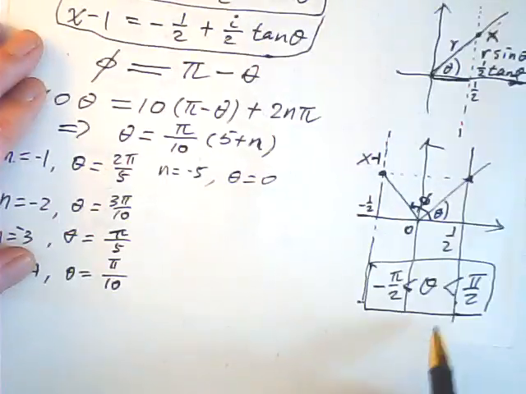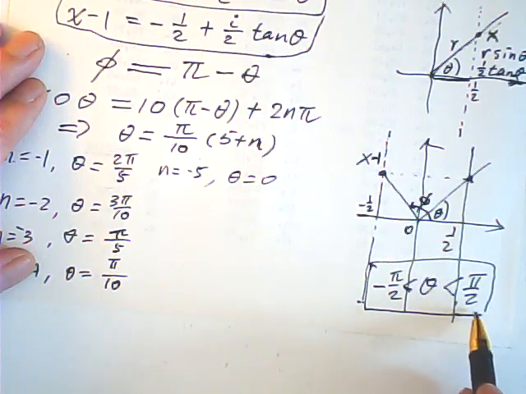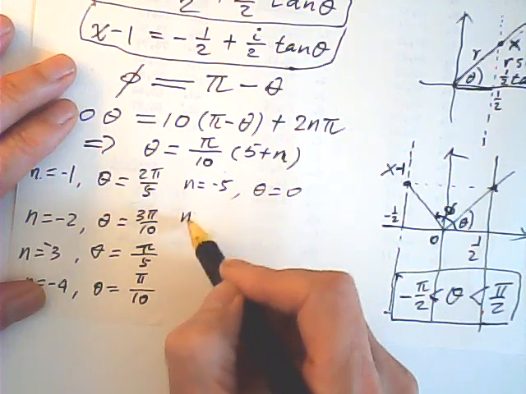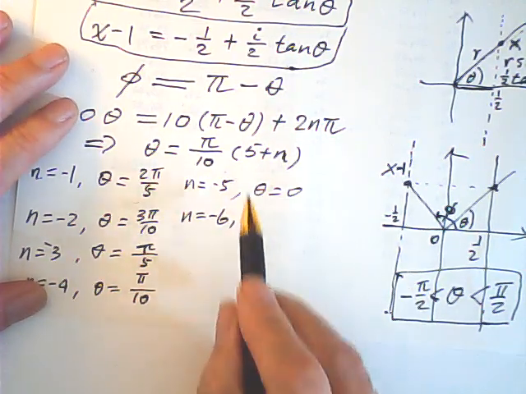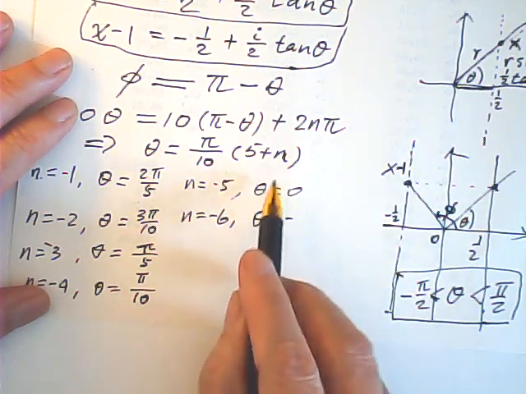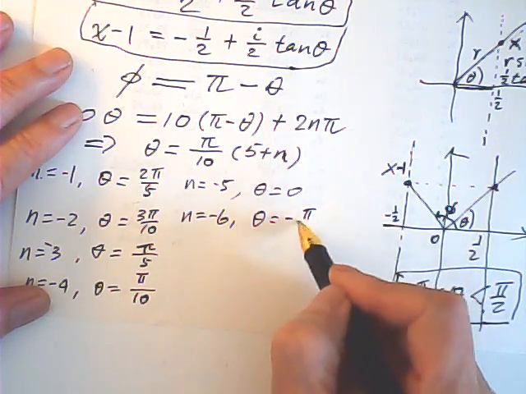Zero is okay. As long as it's between minus half pi and positive half pi, theta is okay. Then n equal to negative 6, theta will be negative one tenth pi.